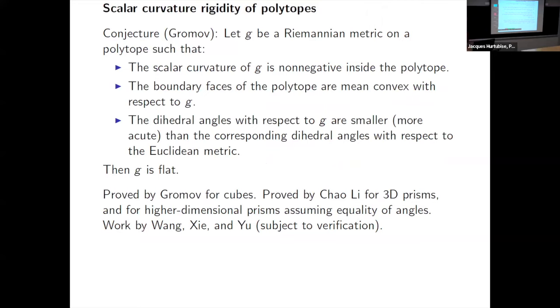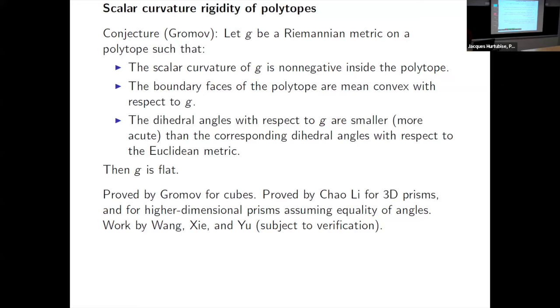Just look at maybe a convex polytope in Rn, and then assume that we have a Riemannian metric, and let's assume that the scalar curvature is nonnegative inside the polytope. Now, because we have a manifold with boundary, you have to impose an assumption concerning the boundary behavior of the metric if you want to prove rigidity.